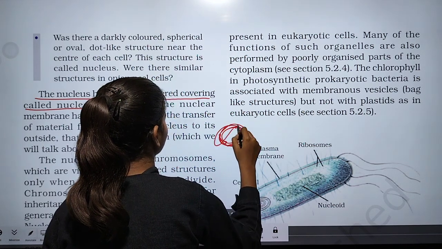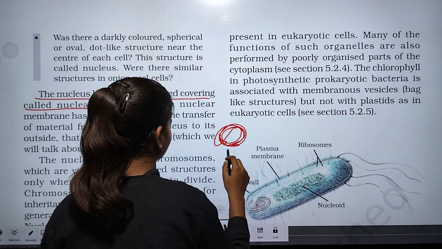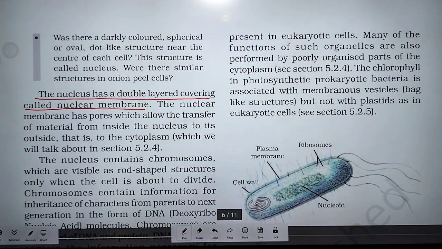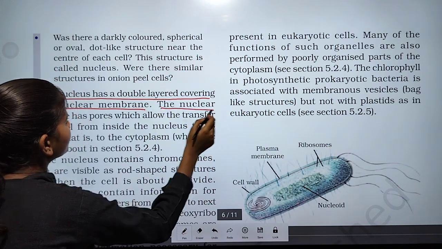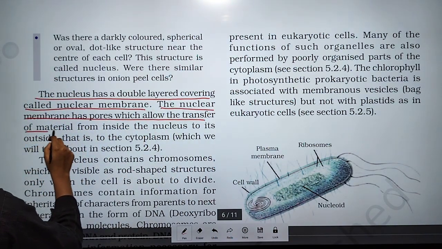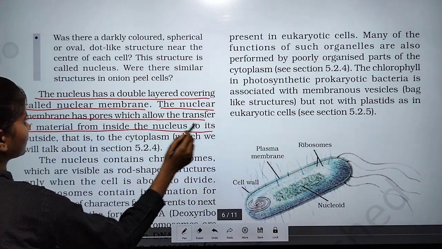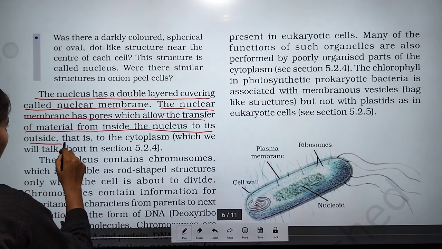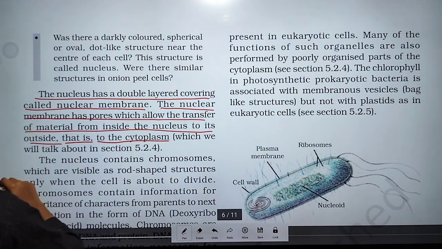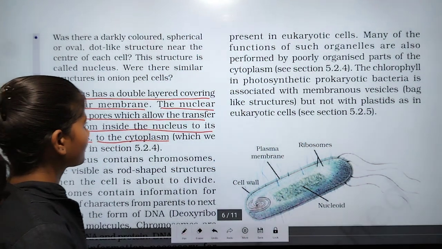The nuclear membrane has pores which allow the transfer of material from inside the nucleus to outside, that is, to the cytoplasm.